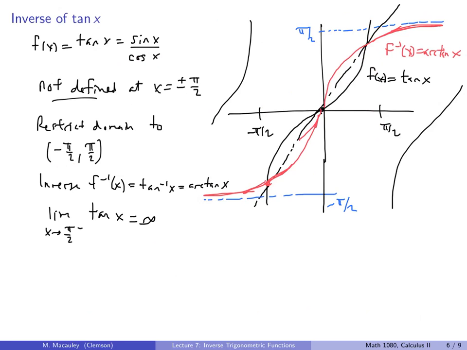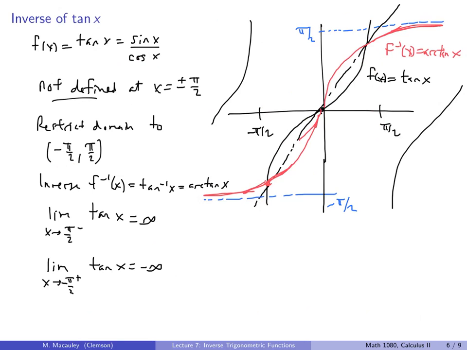And similarly, the limit as x goes to negative pi over 2 on the positive side, as we go in this direction, then that limit is equal to negative infinity.